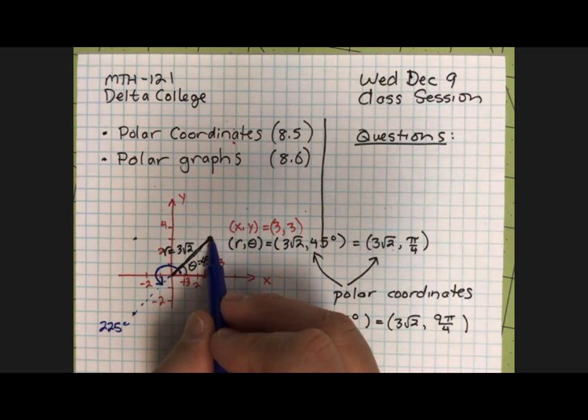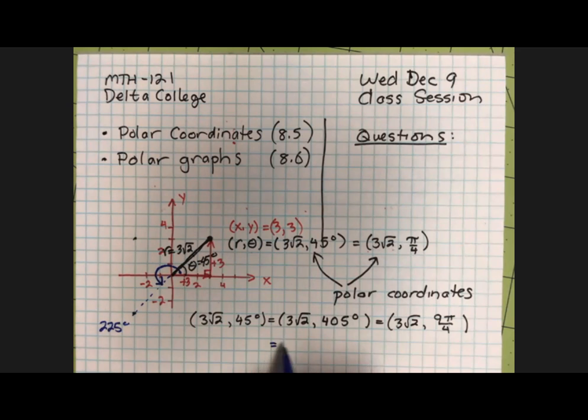Wouldn't I land at that same point? So think about turning 225 degrees and then walking backwards 3√2 steps, minus 3√2.